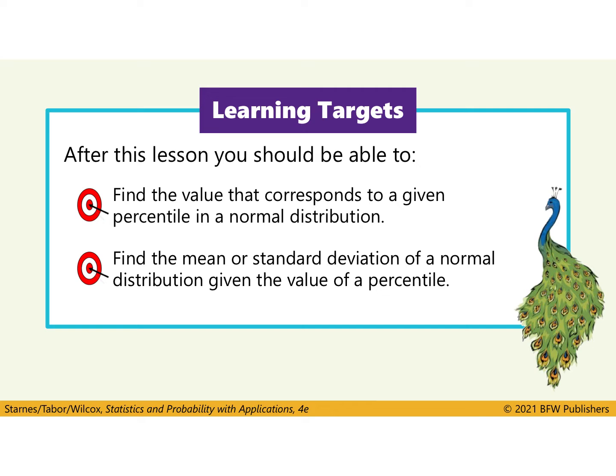Now, if I know the percentile or the proportion, I can work backwards to find the value that is that percentile. Also, what if we want the standard deviation or the mean? We can solve for those as well. All centered around our z-score equation, x minus mu, the mean, divided by the standard deviation.